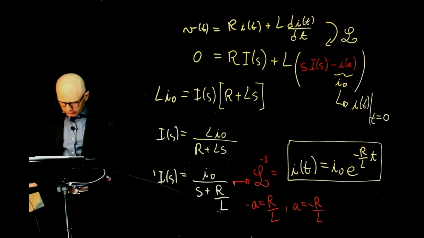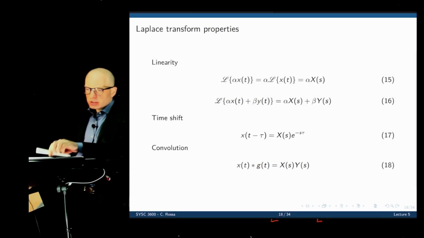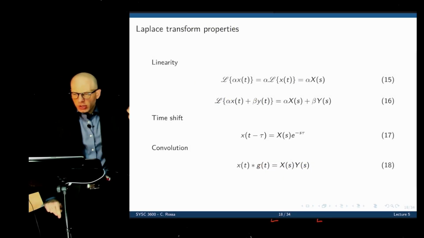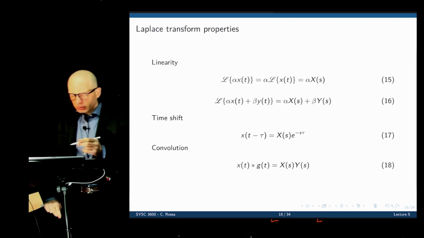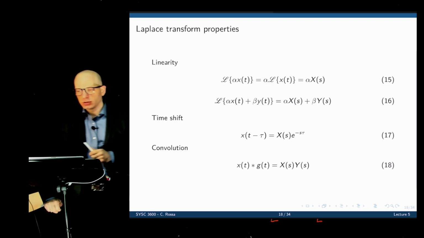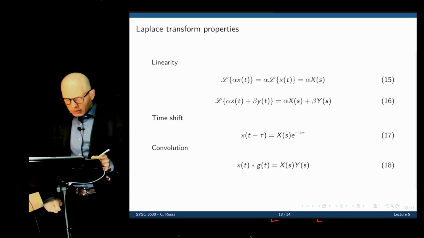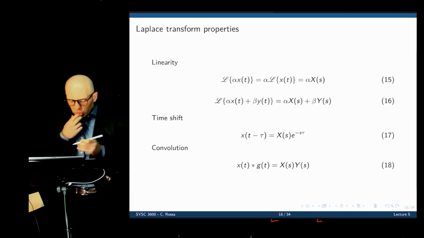Okay, so let's go back. So here are some properties of the Laplace transform that we already applied. The Laplace transform is linear. It will satisfy the 2 conditions for linearity. The Laplace transform can also handle a time shift.